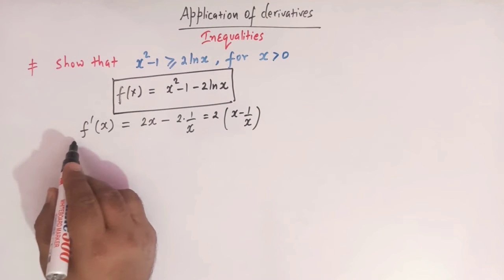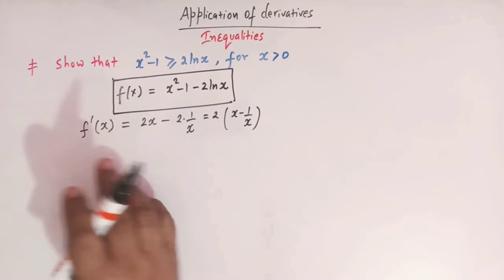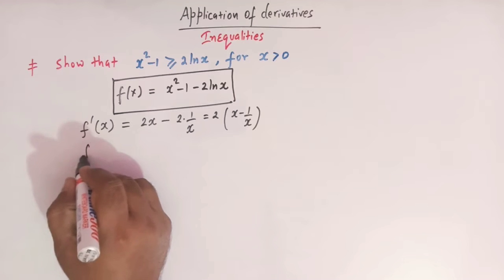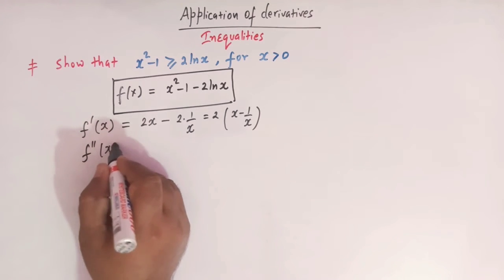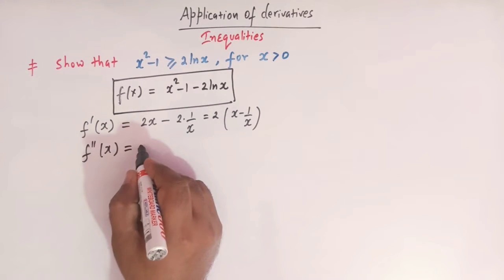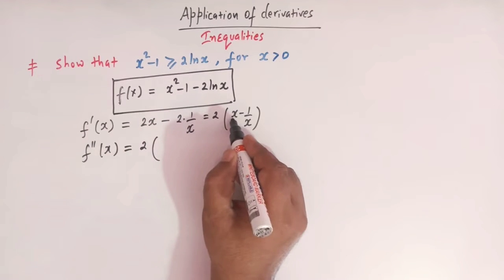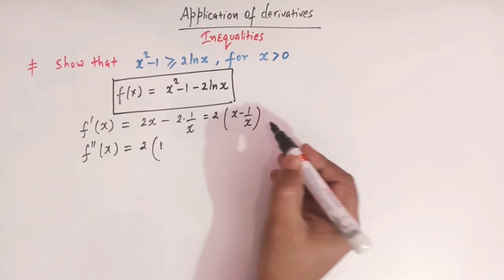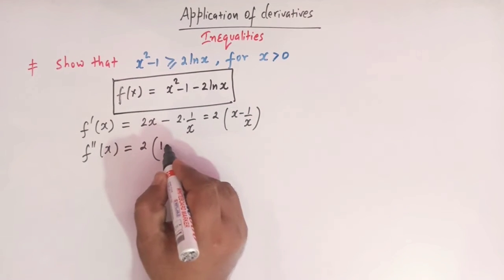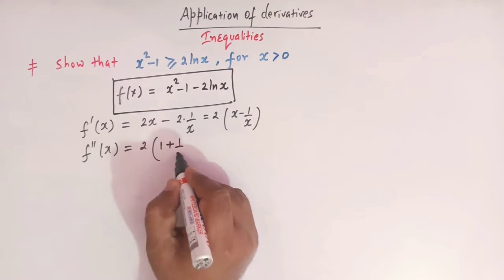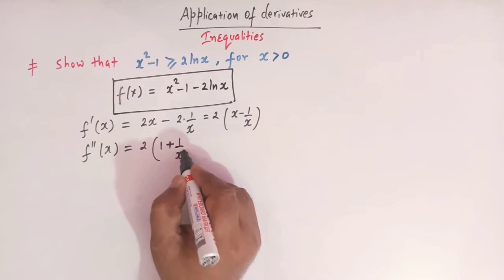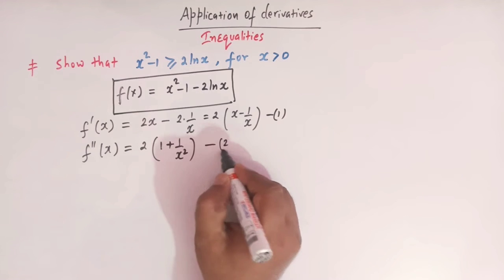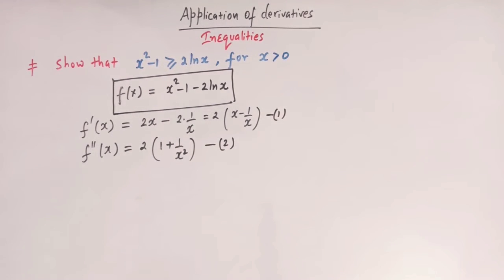Now let us find the second derivative of f of x, that is f double prime x, and we have 2, and the derivative of x is 1, and the derivative of 1 over x is minus 1 over x square, so this becomes plus, so we have 2 times 1 plus 1 over x square, right?